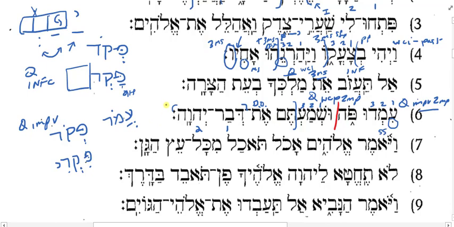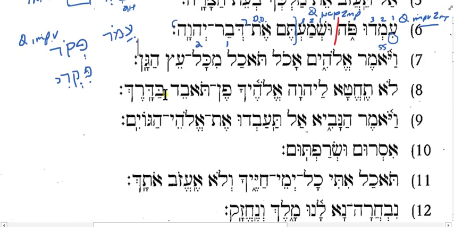All right. Let's look at number 7 real quickly. And let me just have you read that with me. Ready? Vayomer Elohim lo tochlu mikol etz hagan. Okay, here is not just a Pe-Aleph verb, but what I like to call a naughty Pe-Aleph verb.